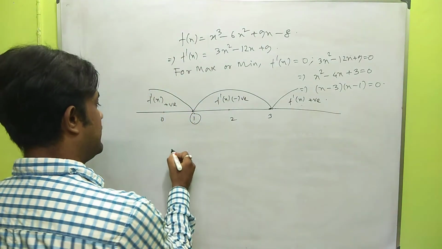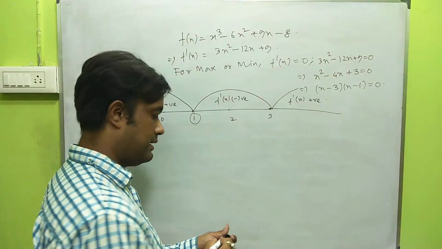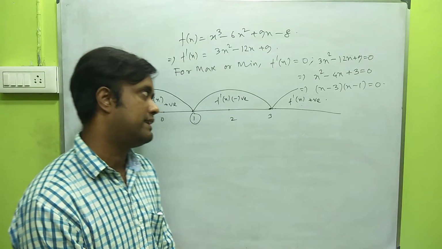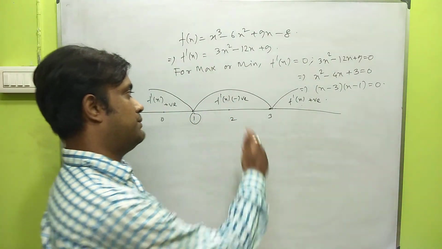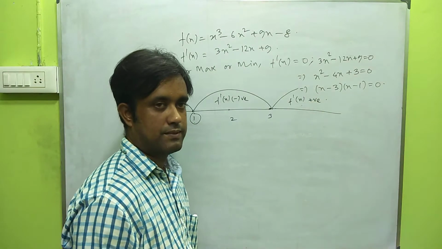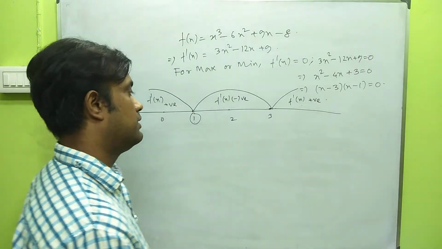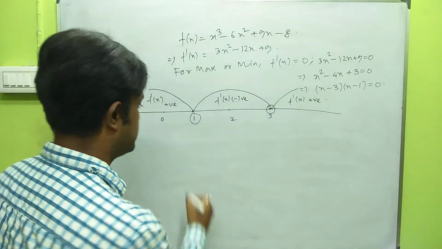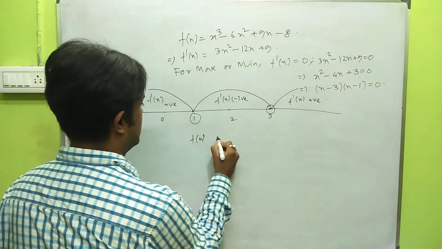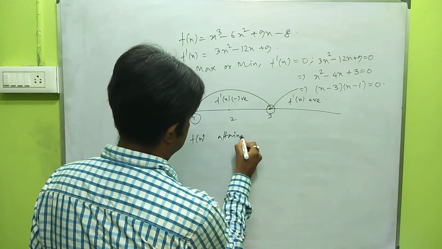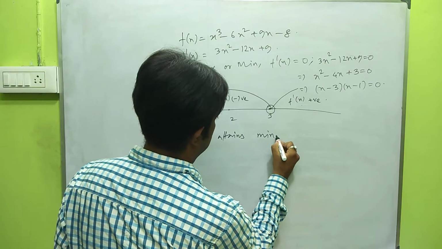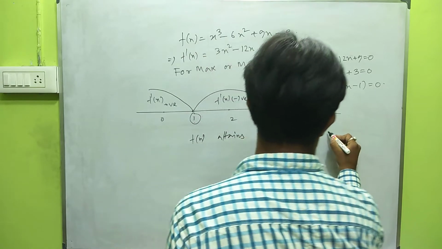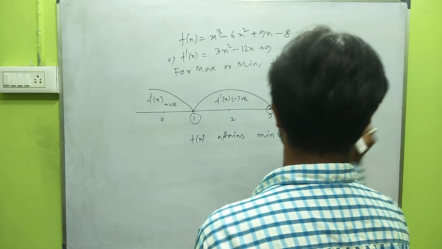So please write this, the sign of f dash x changes from negative to positive with respect to this point 3. So f(x) attains minimum value at x is equal to 3.